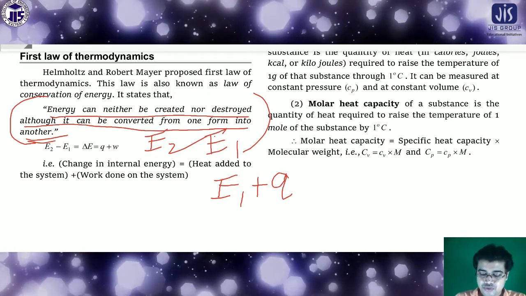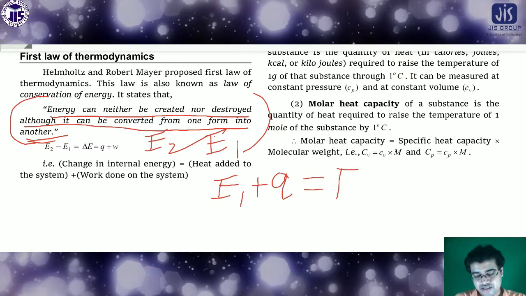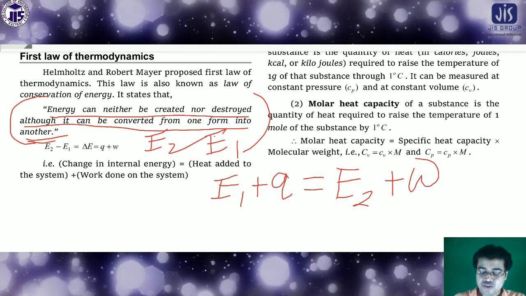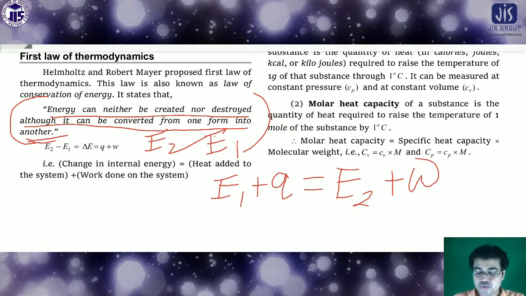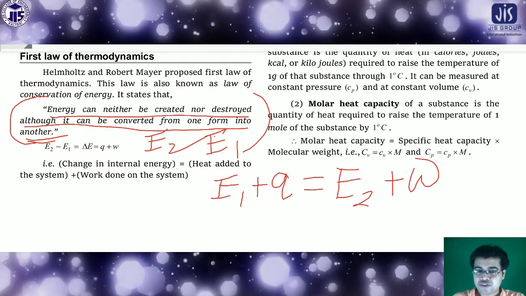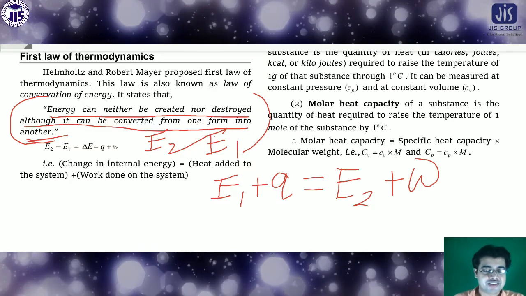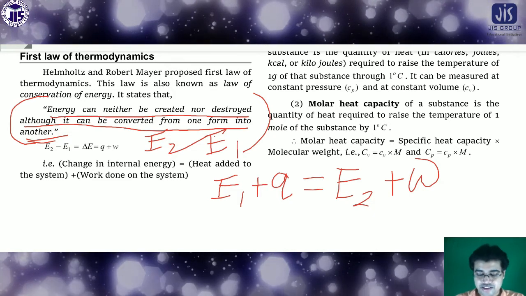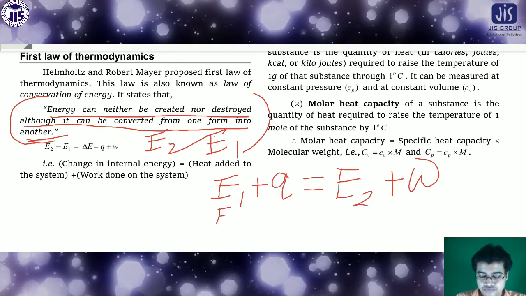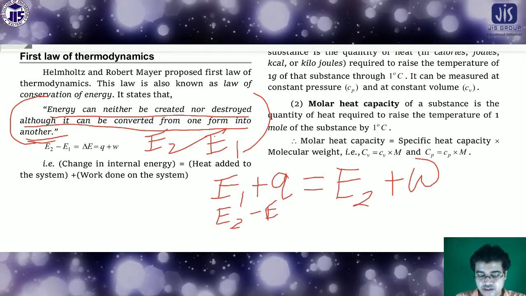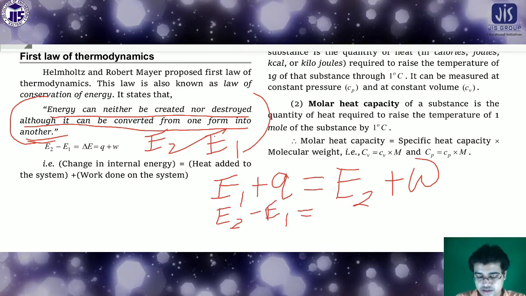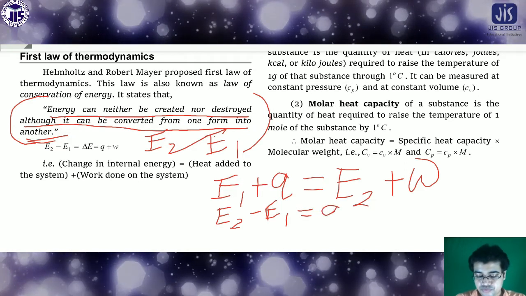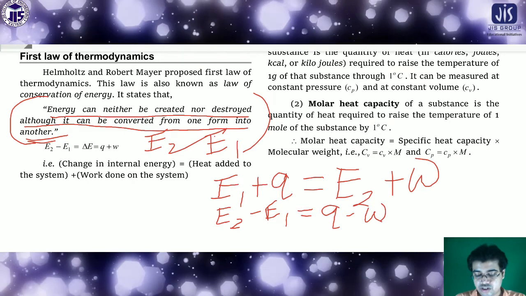That equals E2 plus W, where work is done. So E1 is the energy, Q is the heat absorbed, W is the work done, and E2 is the final stage. So E2 minus E1 will be Q minus W. This is the normal case.